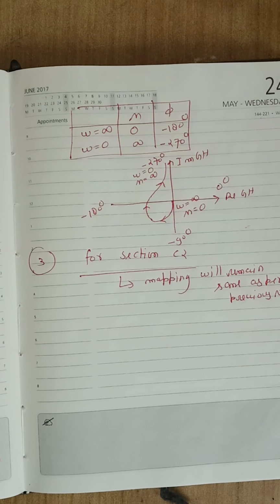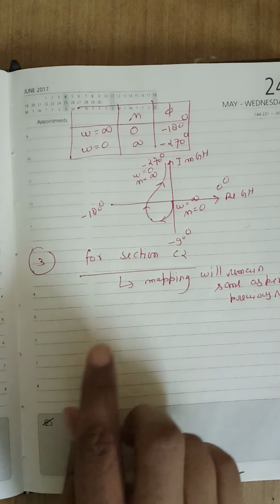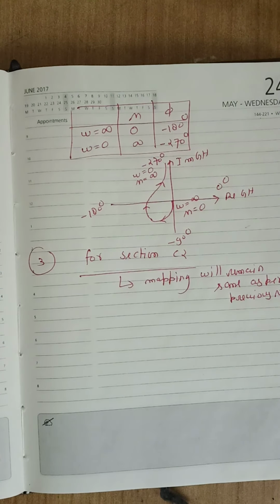Or you can say, for section C2 in the S plane, we have a semicircle of infinite radius, but in the GH plane we have a point at the origin.